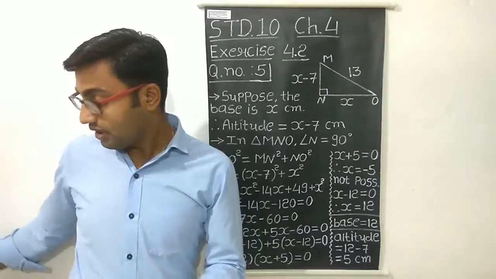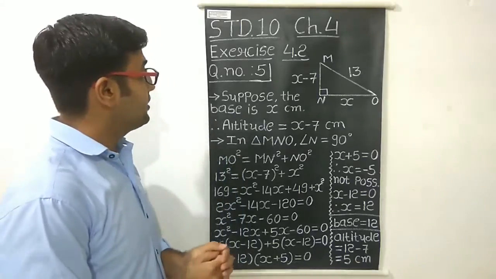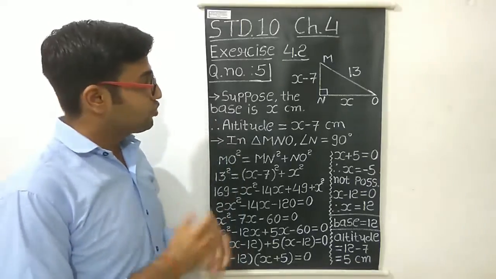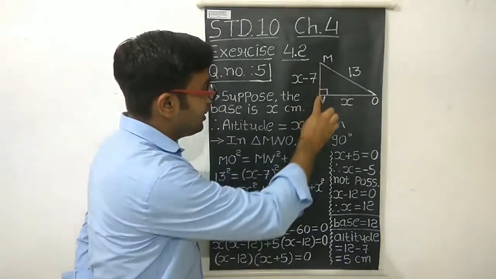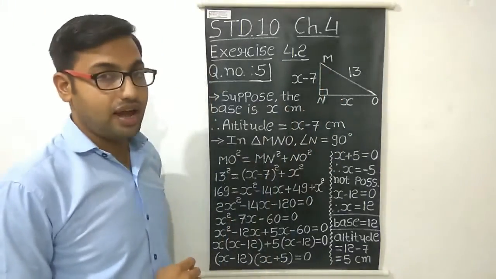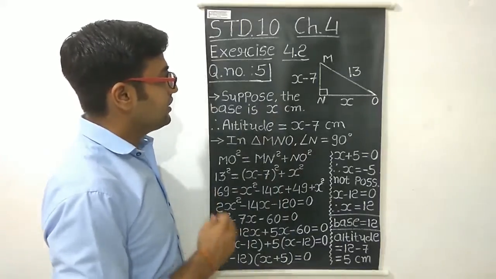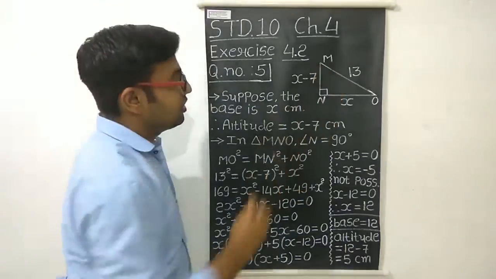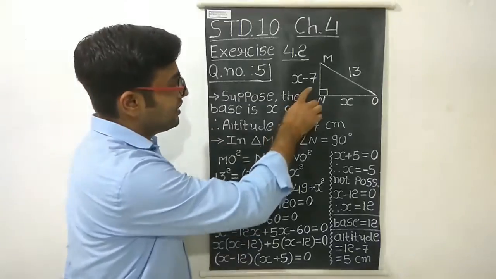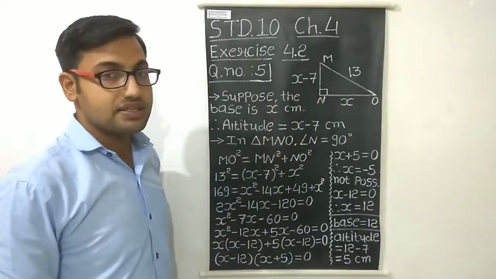What we have been given here is a right angle triangle. Let's suppose MNO is a right angle triangle. The first condition given is that its altitude is 7 cm less than its base.